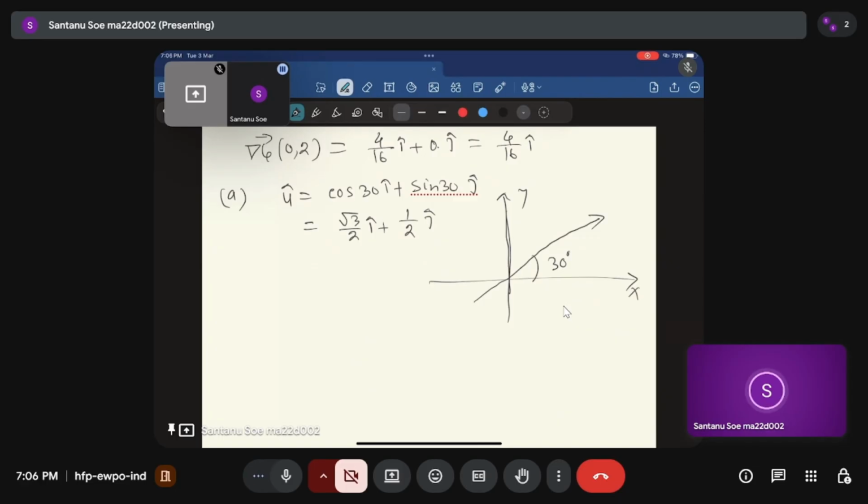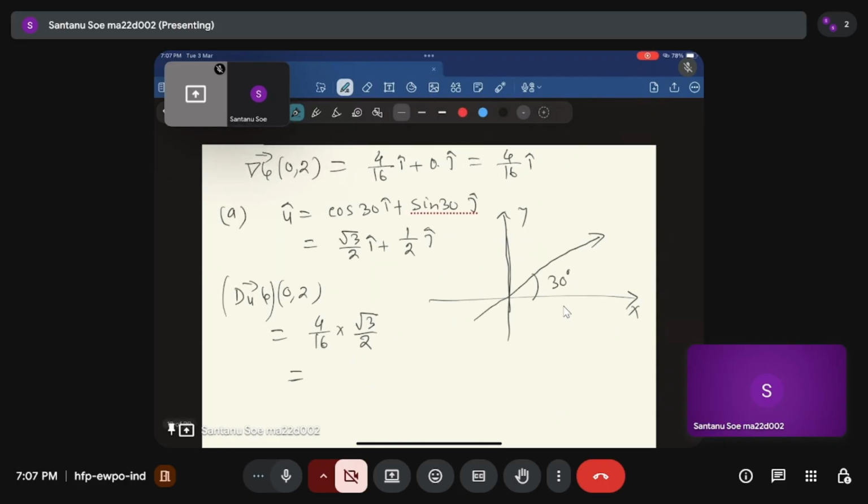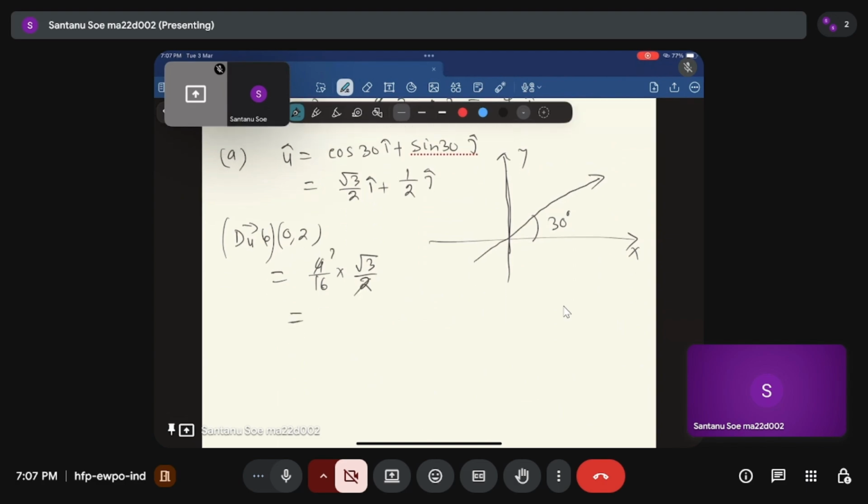Okay, so du phi at 0 comma 2 is gonna be 4 by 16 into root 3 by 2. So this will be root 3 by 8. Okay.